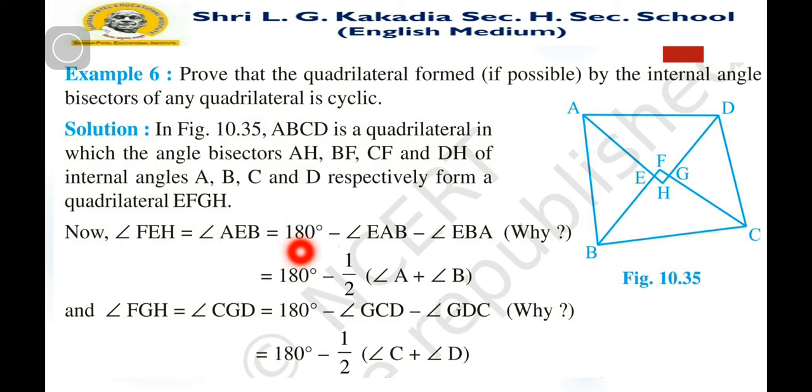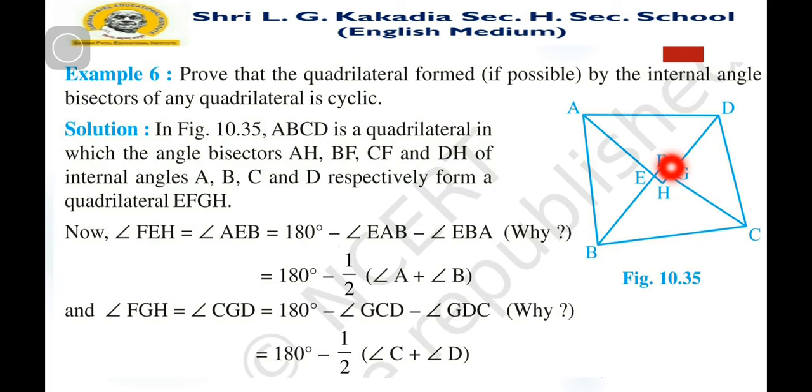So subtracting from 180 degrees angle EAB and EBA. And here we know that EAB is half of A, and angle EBA is half of B. So we can write half of angle A plus angle B. As well as FGH.